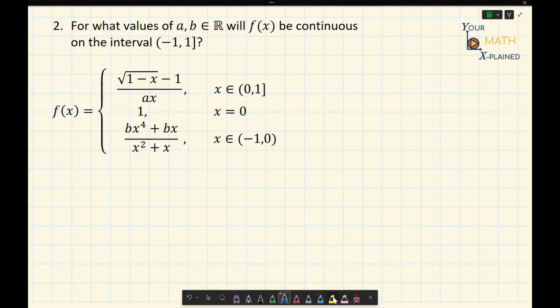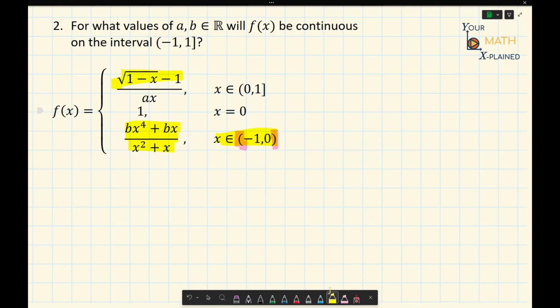The reason is that this piece here is continuous on this defined interval, because the only two values that would make the denominator 0 would be -1 and 0. But because we have rounded brackets for both, this interval does not include -1 and it does not include 0.